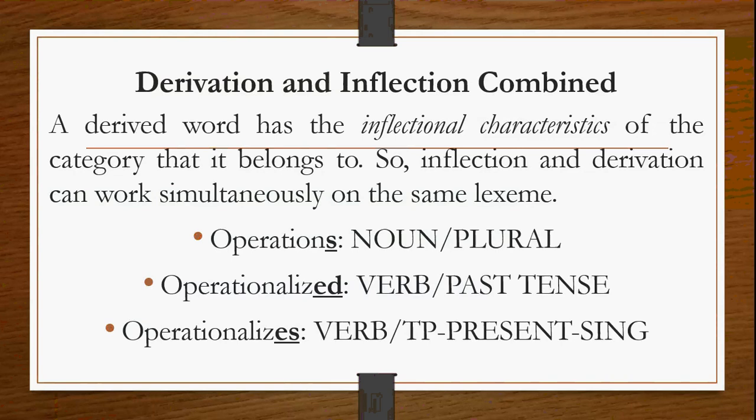So it's not like derivation is an enemy of inflection and they are two different processes. No, they are just different sides of the same coin, different sides of morphological operations. But they can basically work at the same time on the same word.